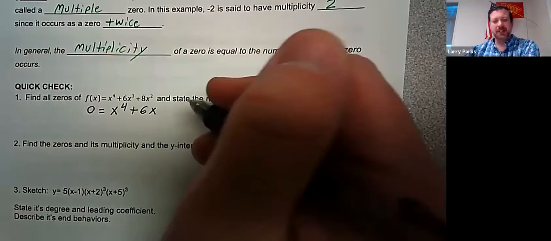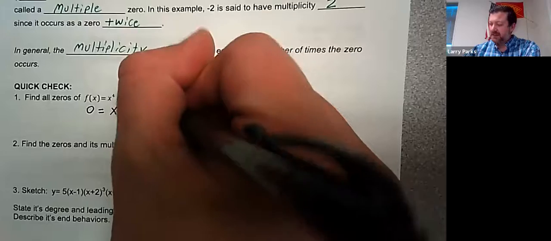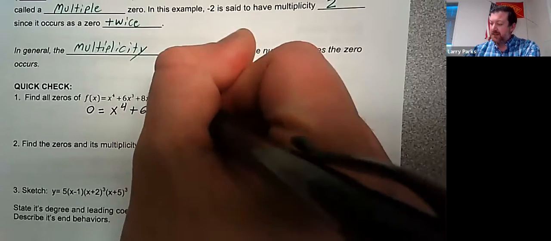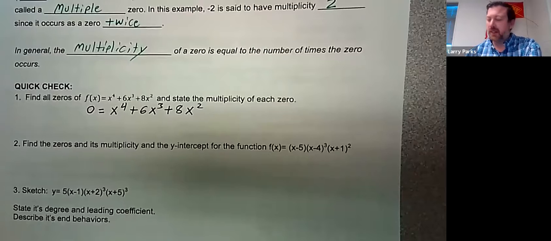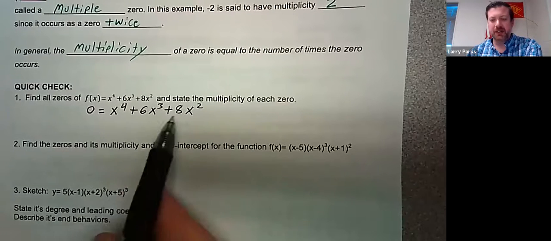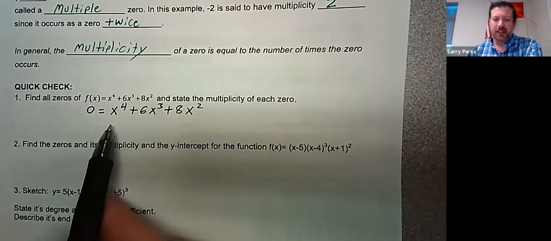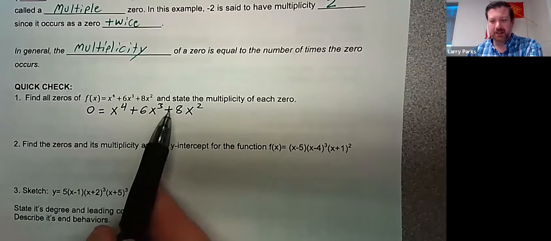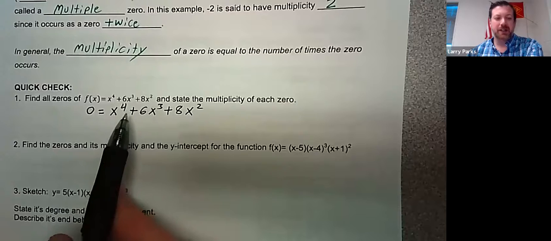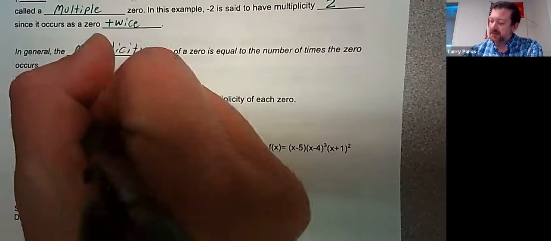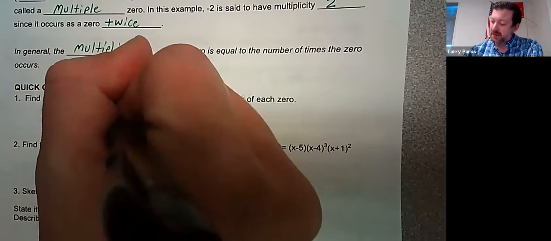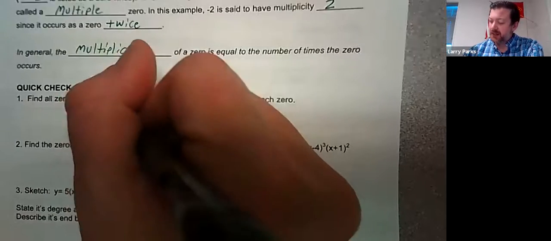And I might go through this part a little faster because technically you don't know how to do this yet. But when I look at this, the first thing you always look for is a GCF. And I see 1, 6, 8, no common factor there. But I do see that they all have at least an x squared, so I'm going to factor that out, and then take out x squared from each term.